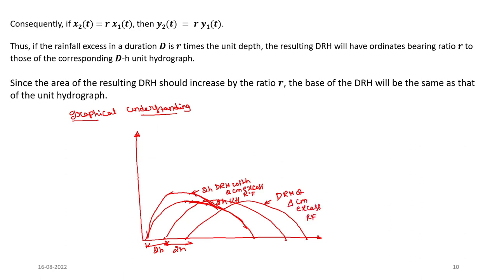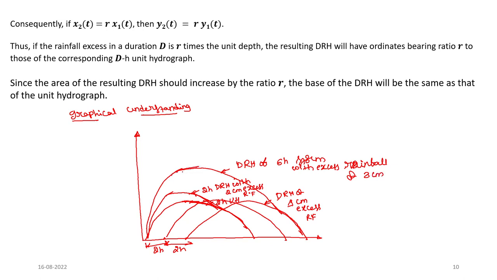By summing up all, you will get the DRH of the 6-hour storm with excess rainfall of total 3 centimeter.